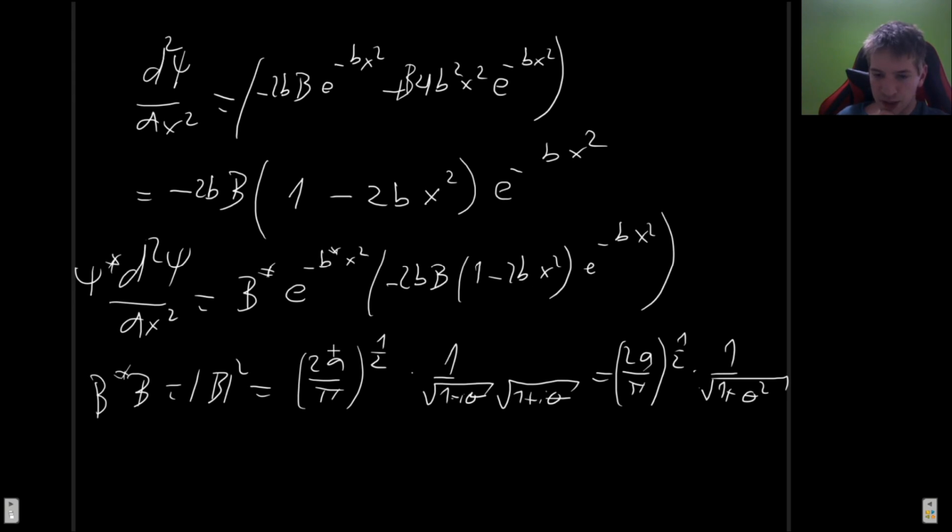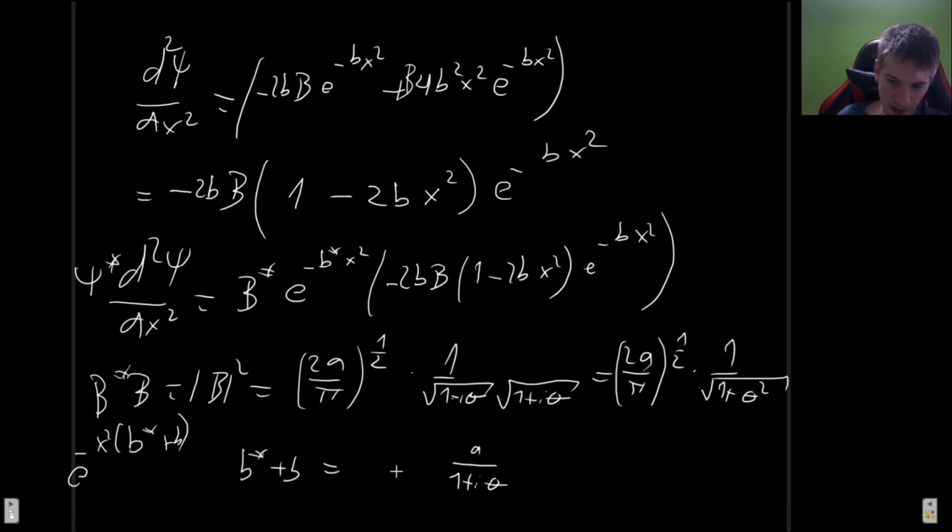Now in the exponentials, we're going to get e to the minus x squared times the factor of b conjugate plus b. So let us take a look at what that is. Considering that b was a divided by 1 plus I theta, then the conjugate is going to be 1 minus I theta.